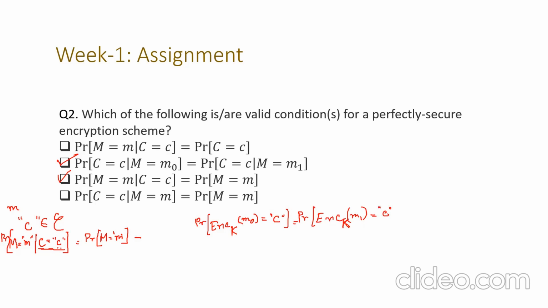So this is capital K, not some particular value of small key k. It can be any key from the possible values of the key. But this probability that the ciphertext is C when the underlying plaintext is M0, and the ciphertext is C when the underlying plaintext is M1, should be exactly the same. That is what this second condition says. So basically, here the second and third options are the correct ones. Okay.